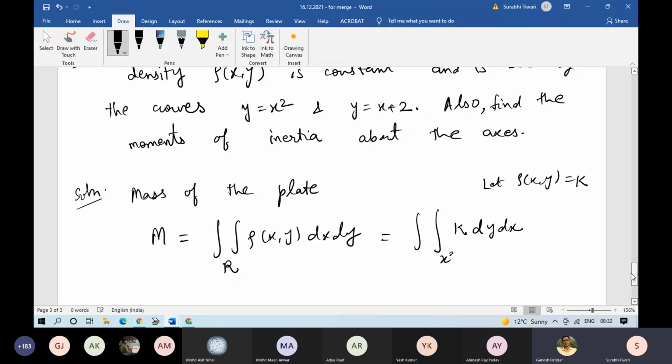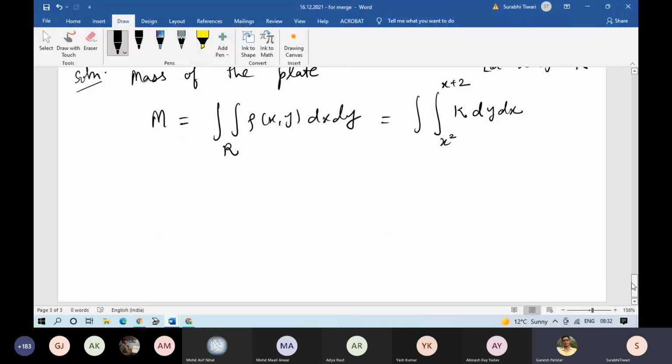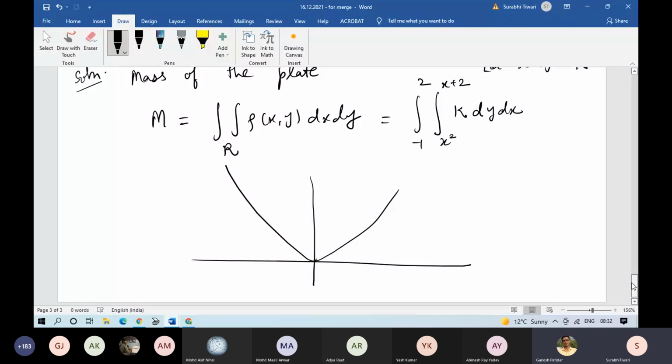So the limits of y are from y is x square to y is x plus 2, and how will we get the limits of x? Point of intersection of these two curves. So find the point of intersection of these two curves, let us draw the curves. The first one: y is equal to x square, at x is -1, 2, y is 1, 4. And the second line is y is equal to x plus 2, this will come like this. So this is the region of integration, the inner one. This is the region of integration.